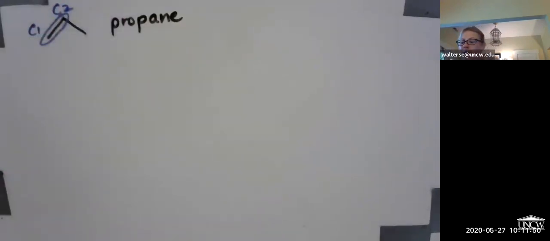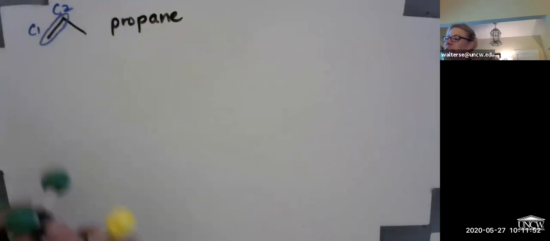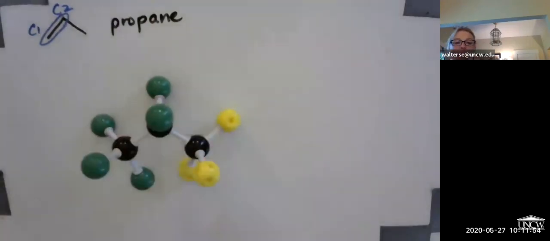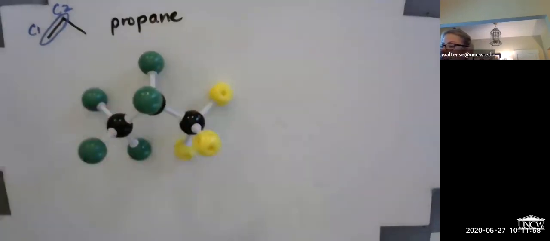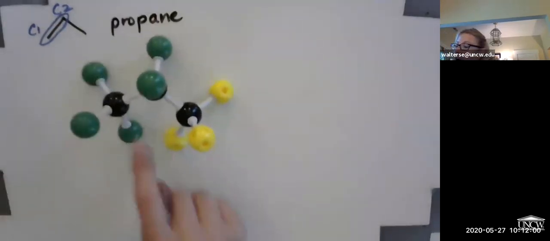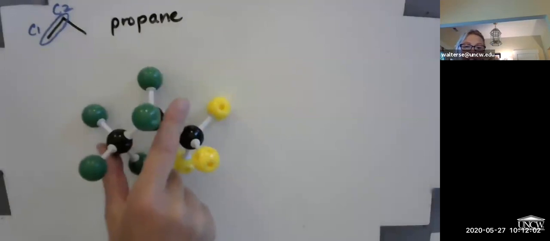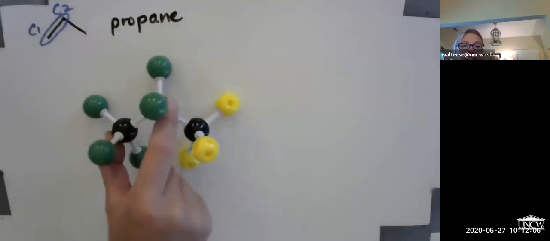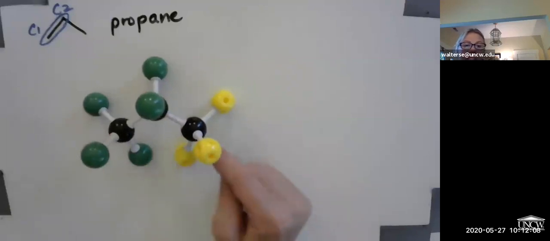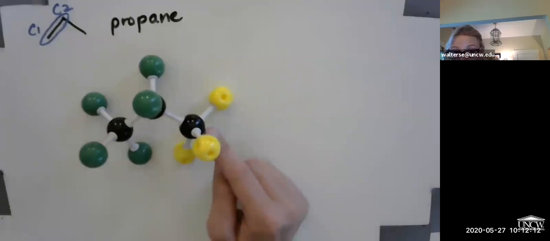All right, so here's propane in the zigzag like this. The two carbons that have green hydrogens on them are going to be the carbons in the Newman projection. This carbon with the yellow hydrogens is not going to be represented by a circle or a dot.